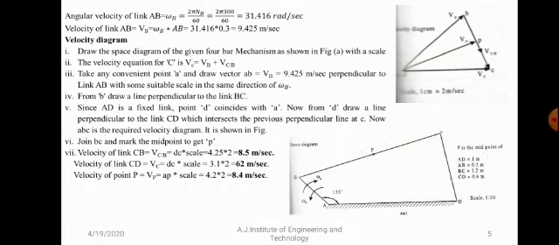Perpendicular to the link AB, you draw a line. This is nothing but VB equal to 9.425 meter per second perpendicular to this link AB.